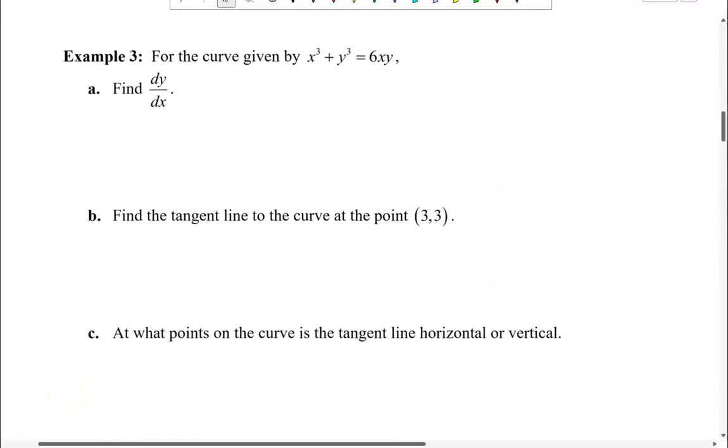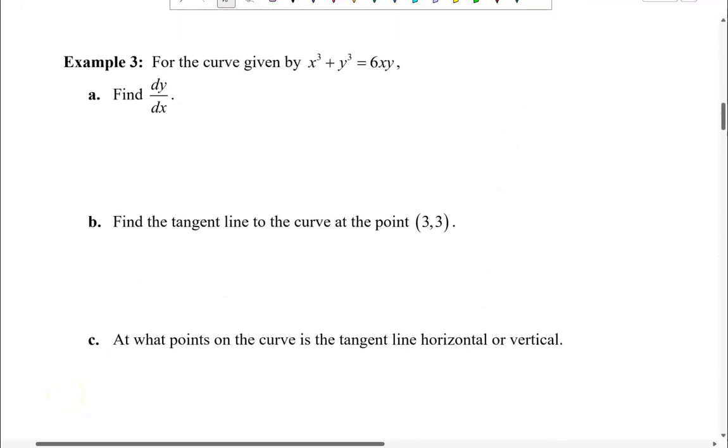Example 3. For the curve given by x to the third plus y to the third equals 6xy, first they want us to find dy dx. So again, we start off by taking the derivative with respect to x of each side of this equation.